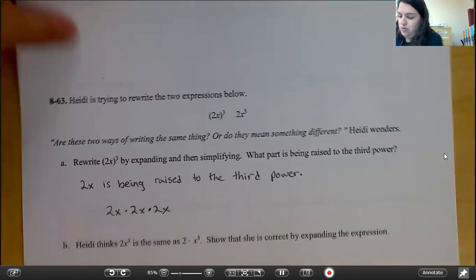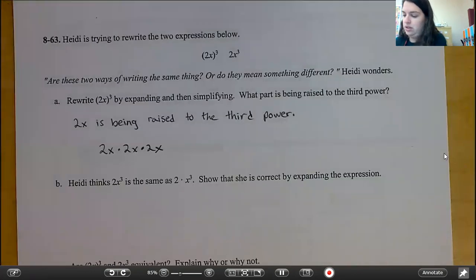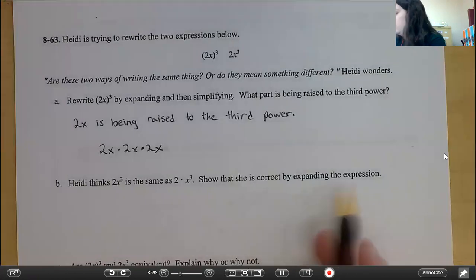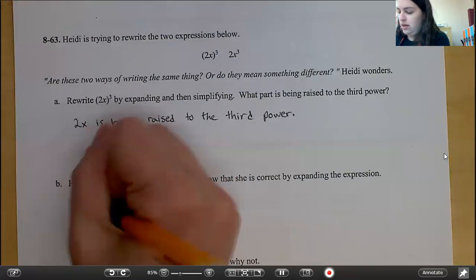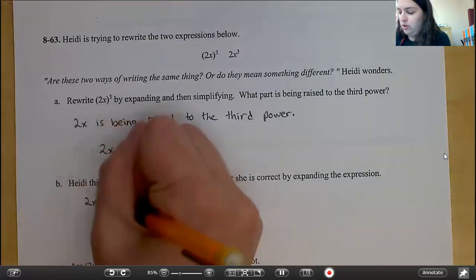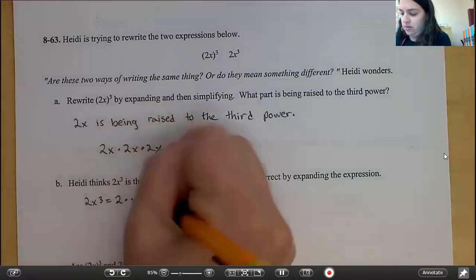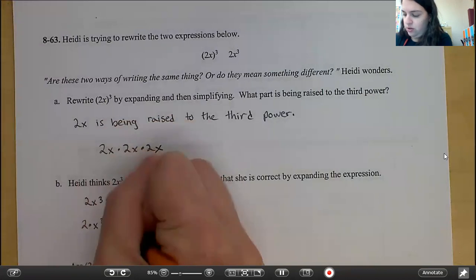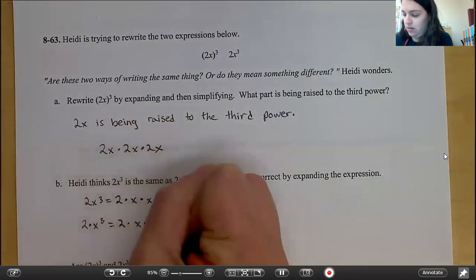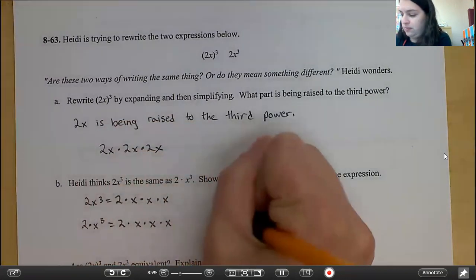B says, Heidi thinks 2x to the third is the same as 2 times x to the third. Show that she is correct by expanding the expression. So 2x to the third would equal 2 times x times x times x, and 2 times x to the third would equal 2 times x times x times x. So these are the same.